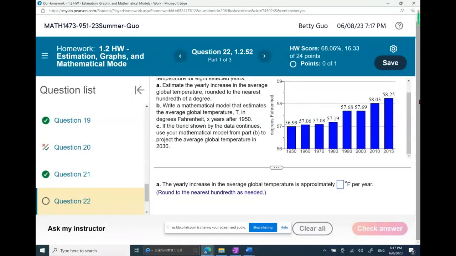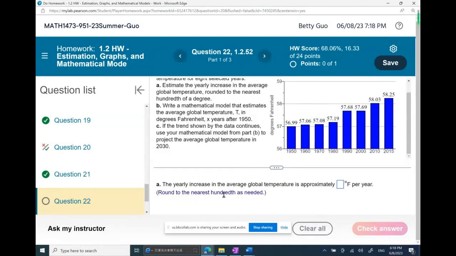You should do the same thing on your calculator. Do you have a 1.26? That's the difference in temperature over those years, right? Okay. We are going to divide that by how many years that is from 1950 to 2015. 65 years, awesome. Divided by 65. What do you have? You should have a decimal, right?